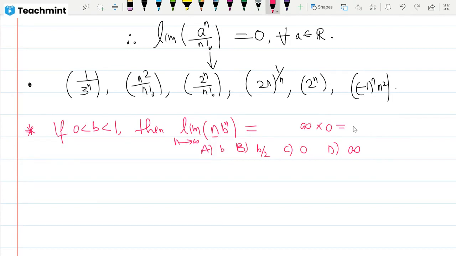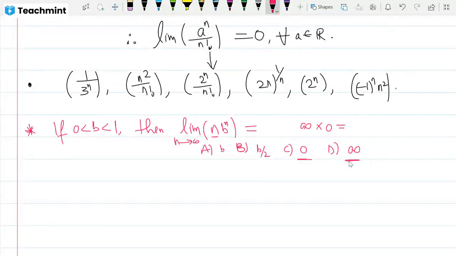This is not defined, right? So therefore I have written 0 and infinity, because sometimes we may get confused: infinity into 0 is 0, or infinity. So for that reason I have put two options. Any guesses? 0, sir. Okay. The answer is 0 only.